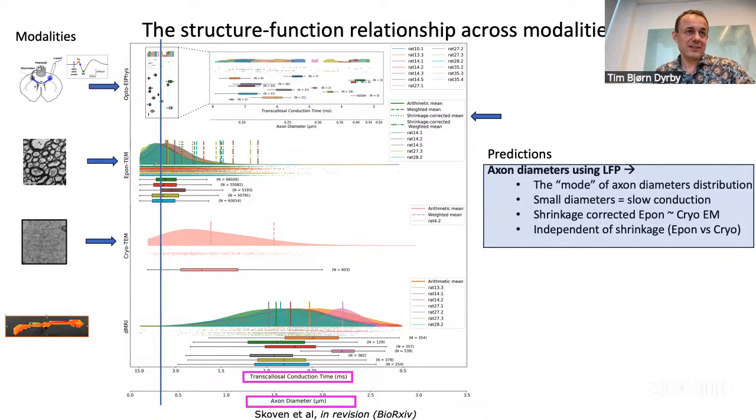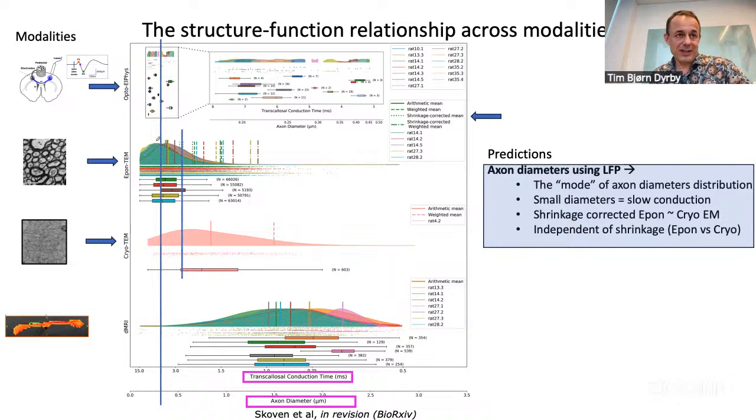But nevertheless, if we apply shrinkage correction to these axon diameter distributions, then we push the diameters down to these striped lines. So that agrees very much with what we see with cryo-EM if we compensate for this shrinkage. Nevertheless, it means that the latencies measured here with LFP relate to the small axon diameters.